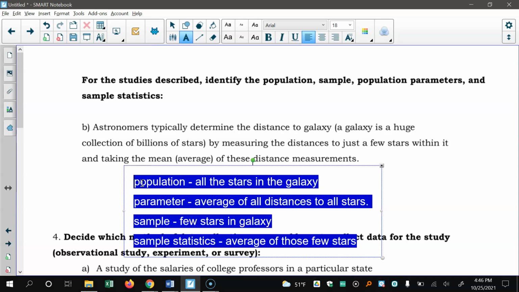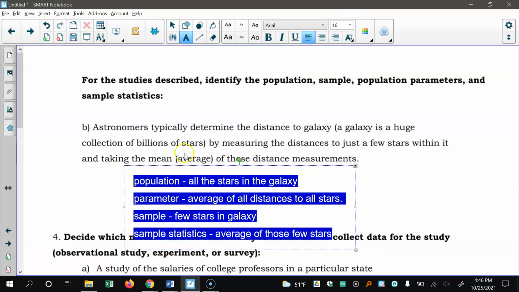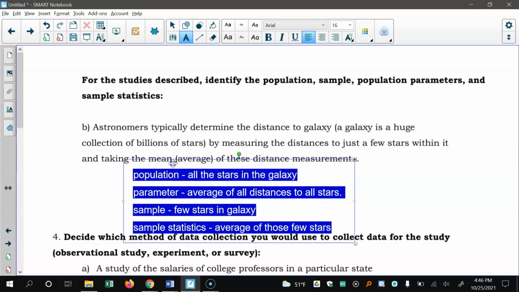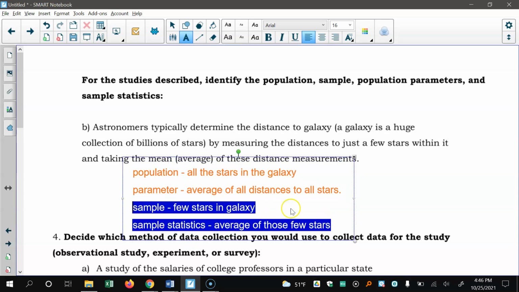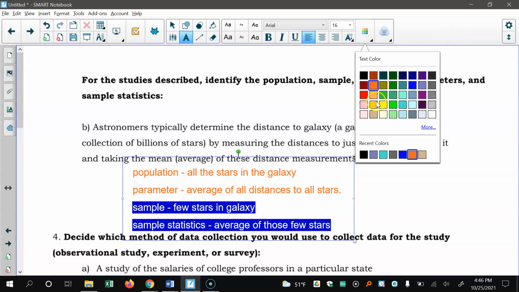I'll just decrease the size here so we can actually see what I wrote. Look at that. I'm just going to change the color to line it up with what we had before.